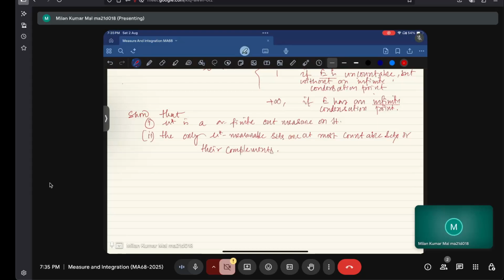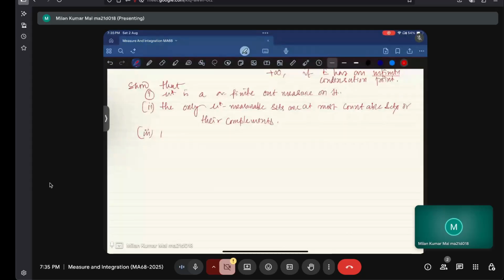And the third one is that the induced measure mu bar is not sigma finite.